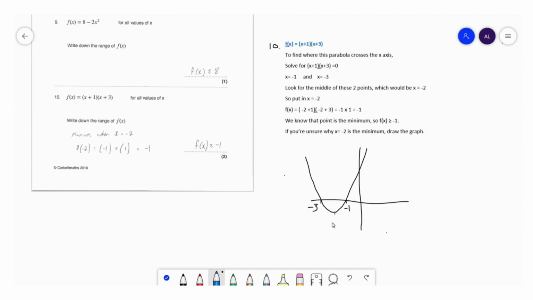We've worked out the minimum point is minus 2 here, and the y, which is f(x), equals minus 1. So we can see that for the function, all the values are bigger or equal to minus 1, which is our answer.